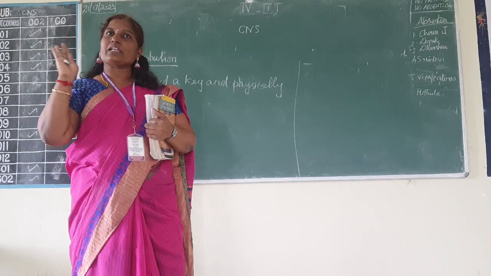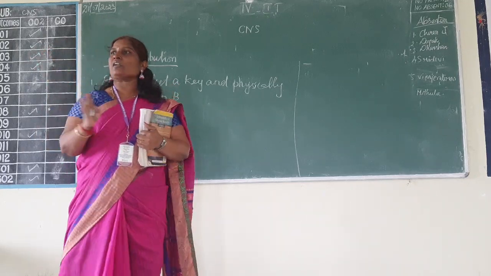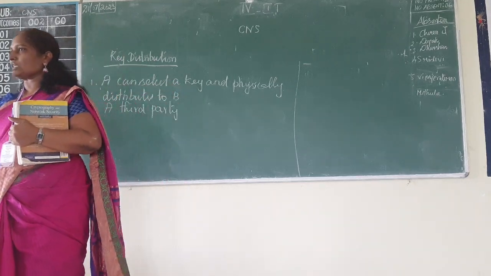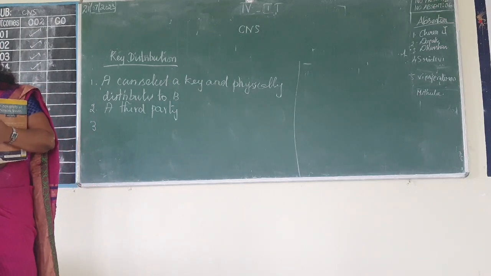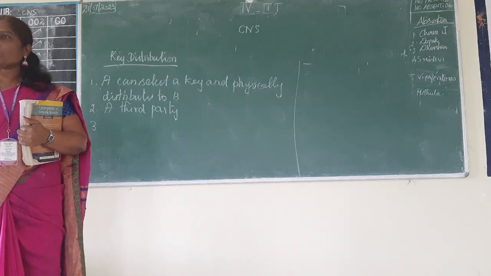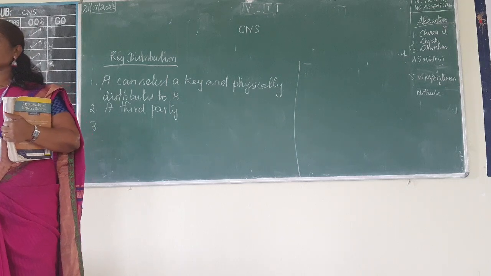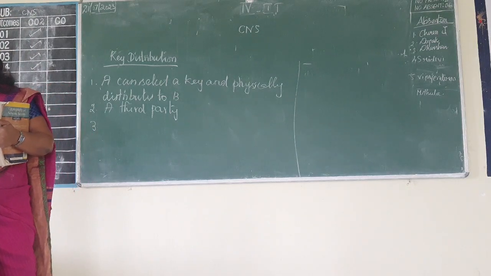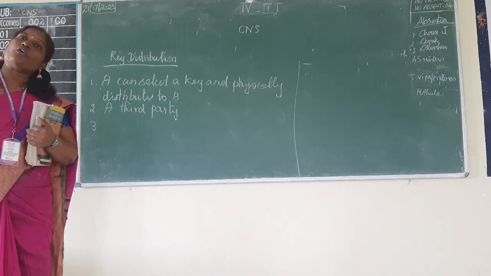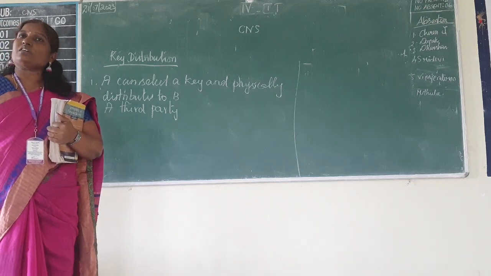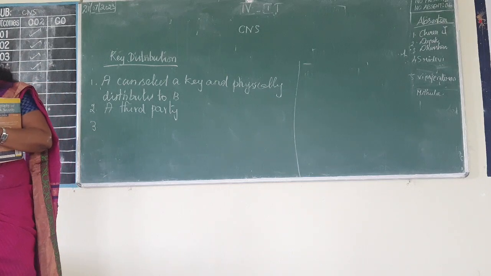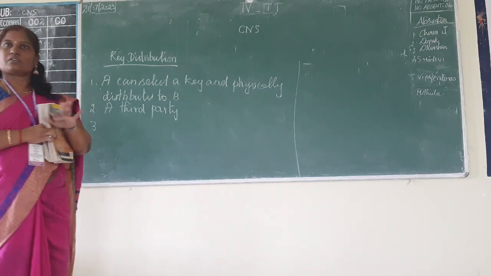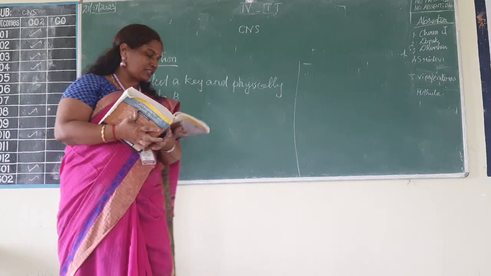They were already in the communication, using some other key for their transmission. Using that key, any one of them, maybe A, may encrypt the new key using the old key and send the new key to the recipient, so that the recipient will be able to decrypt the new key and use it. It's clear? This is the third method.